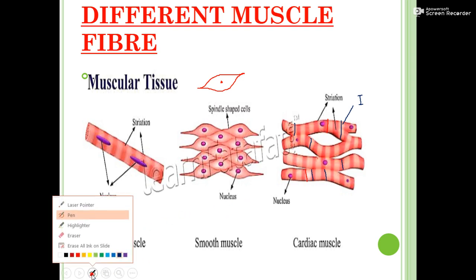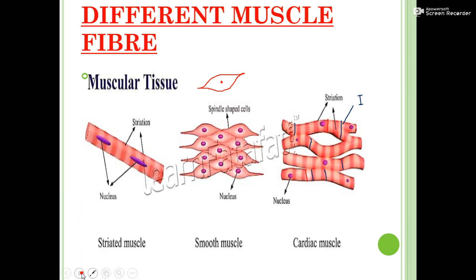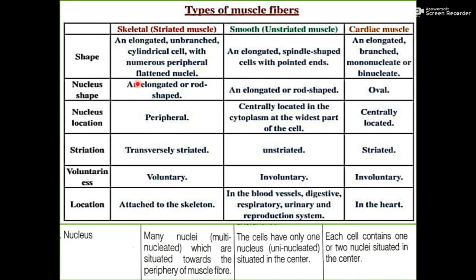So now we move on to the next thing, that is the difference between these muscles. Difference in the shape, difference in the nucleus shape, difference in the nucleus location. Peripheral means at the edge, central, and it is again also central. Striation means light or dark band. Voluntariness, whether voluntary or not.